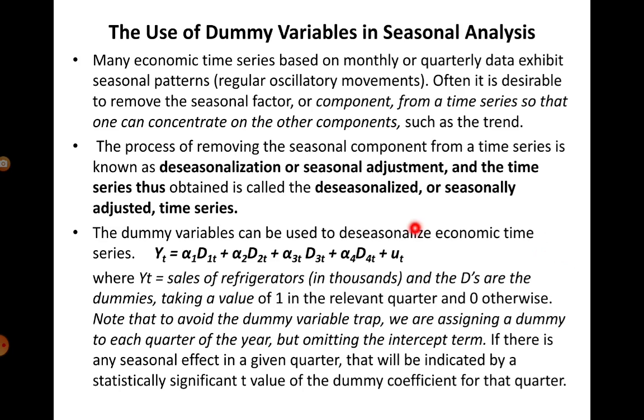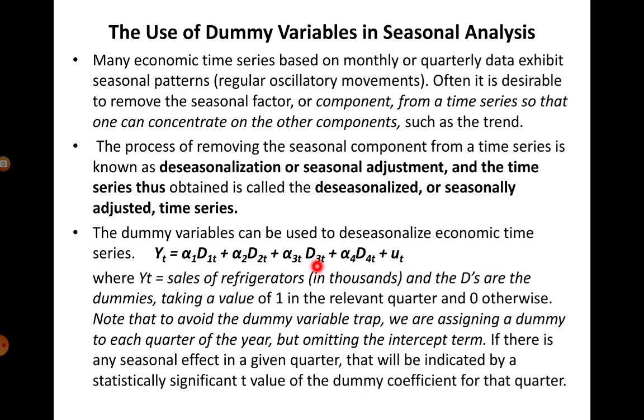The regression that will help us do that is this, where Yt is the sales of refrigerators, in thousands. D1, D2, and D3 are dummies which take value 1 if the sales reported are of quarter 1, quarter 2, and quarter 3 respectively, 0 otherwise.